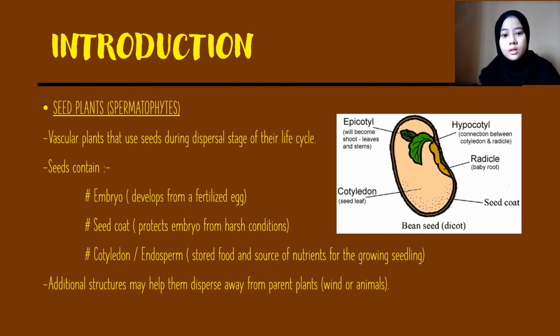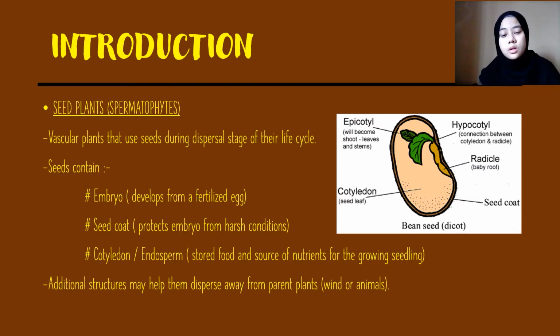The embryo develops from a fertilized egg. Embryo forms the epicotyl, which is the first leaf, and then the hypocotyl, which will become the stem, and the radicle, which becomes the root. For the next, it has the seed coat.